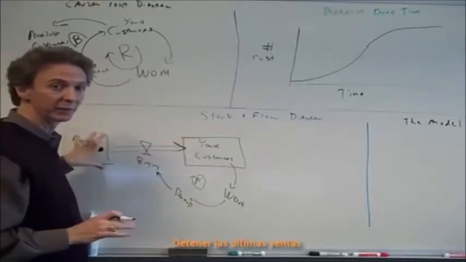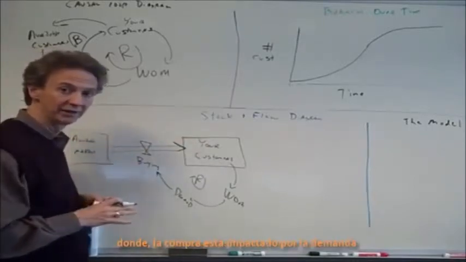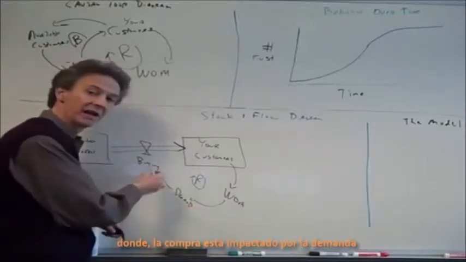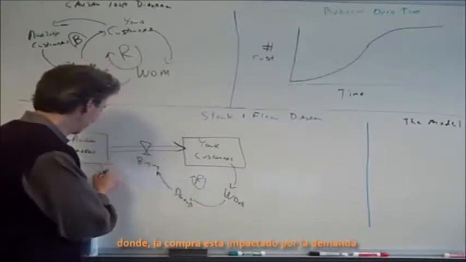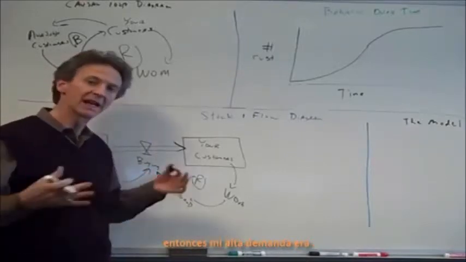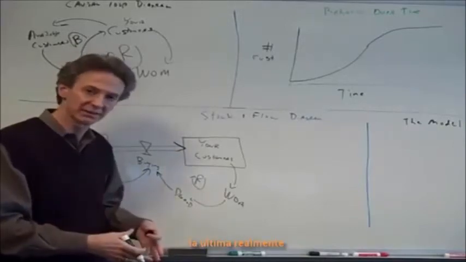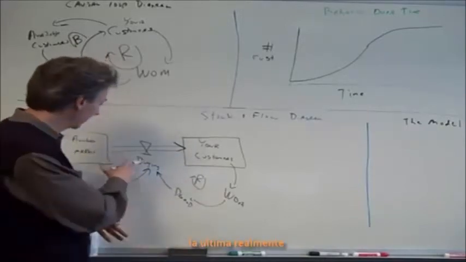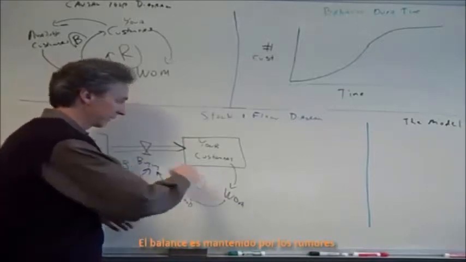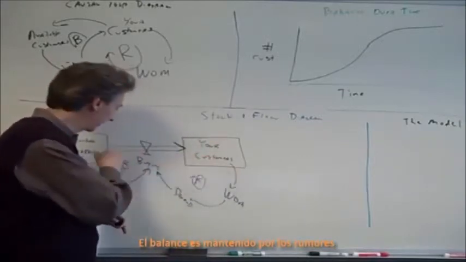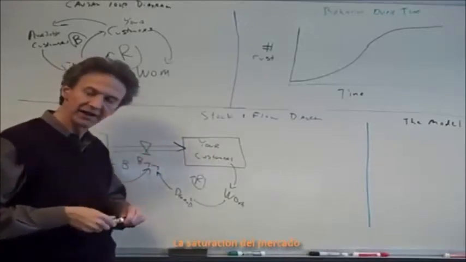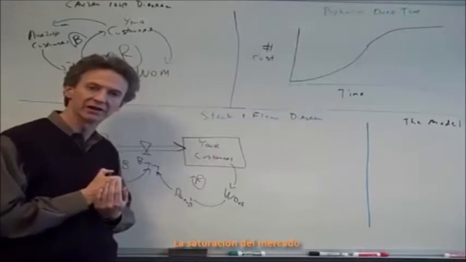There's less and less available market. So that's the way we're going to model this. And the buying is really impacted by the demand that's in the marketplace times the available market. So there might be high demand, but less and less customers available to you. That's really the balancing loop here. So you've got word of mouth driving it up, and market saturation holding it back, and the two will interact with each other, as we'll see in the Excel model.